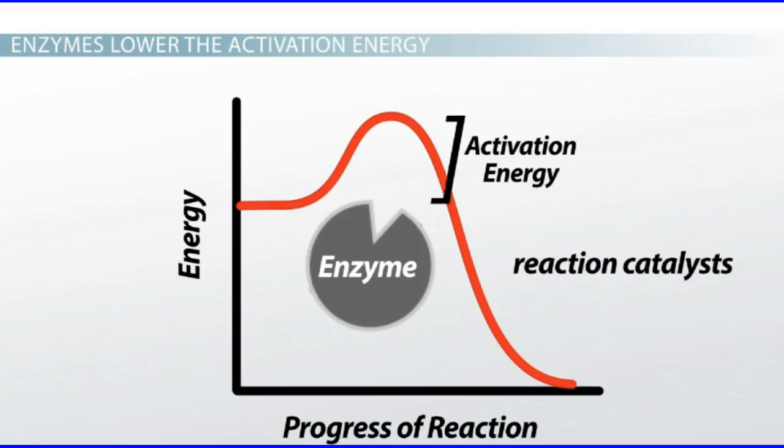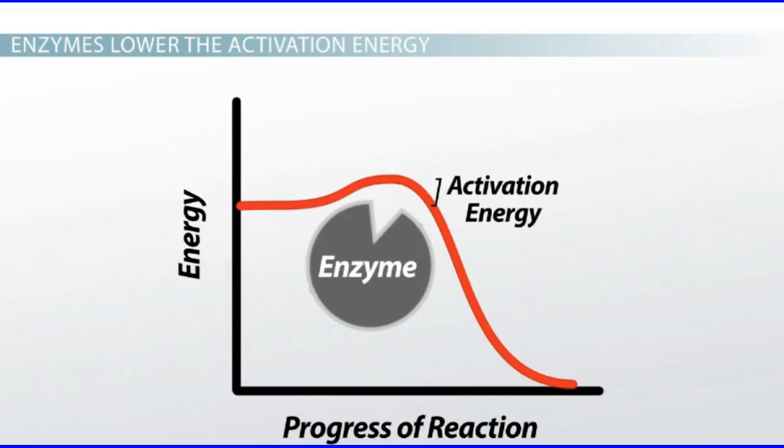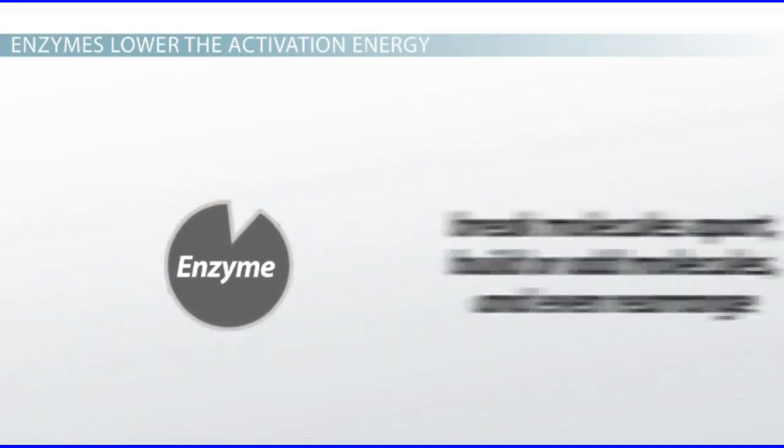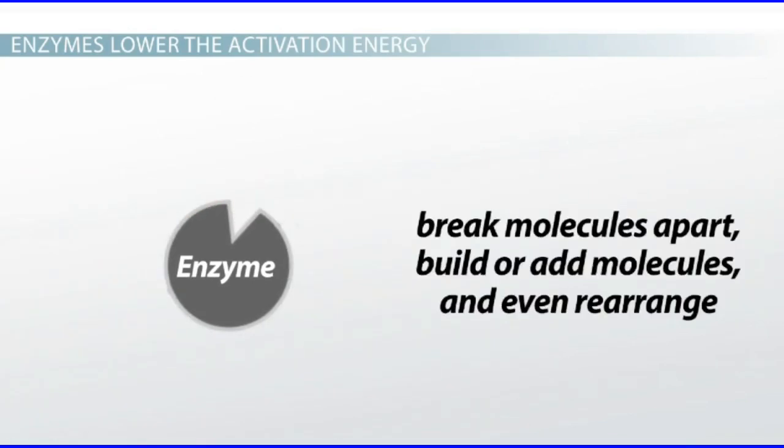The presence of enzymes is analogous to decreasing the size of your hill in your backyard. Enzymes make things easier for your cell and help chemical reactions occur. There are hundreds of different kinds of enzymes in your cells, which all participate in different types of reactions. Enzymes can break molecules apart, build or add molecules, and even rearrange them.